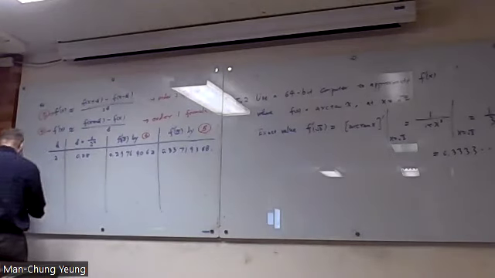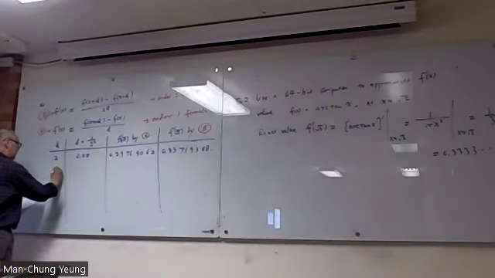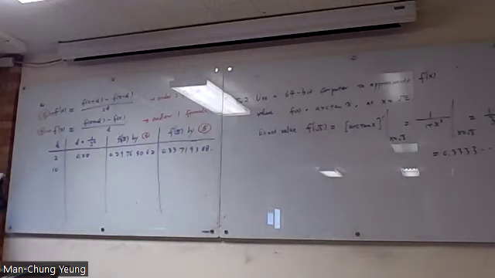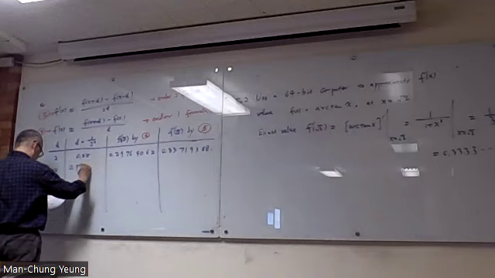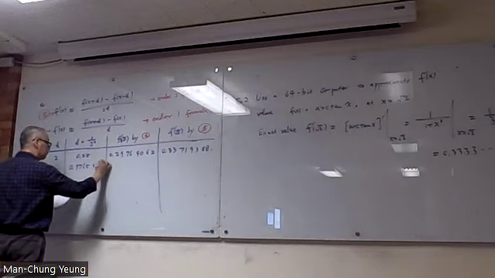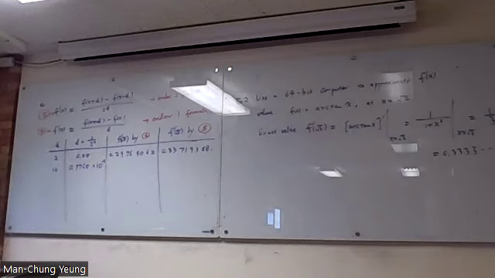How about K is 10? Then H is small, 0.9765 times 10 to the negative 3. Small, but not very small.